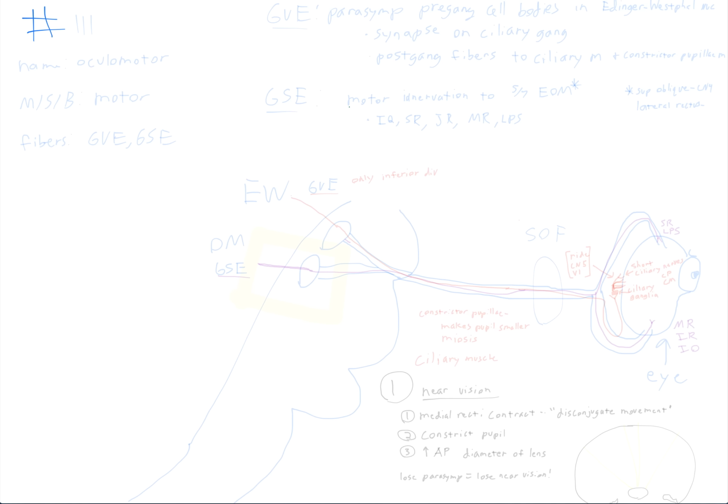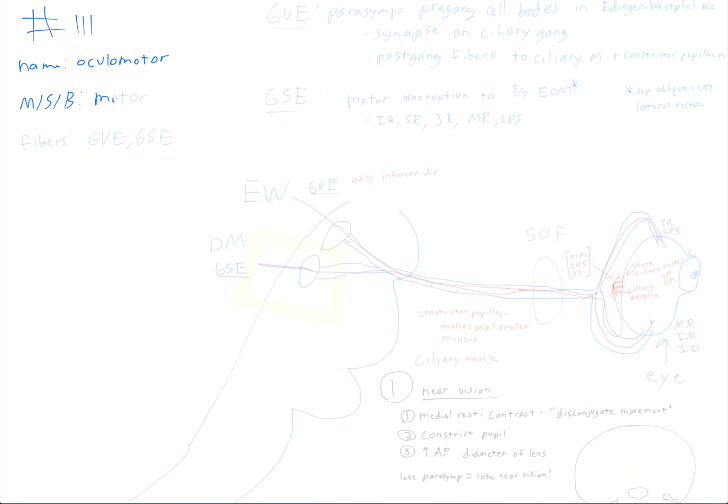Okay. They are going to synapse where? Perfect. Okay. They're going to go synapse on the ciliary ganglia. Then postganglionic fibers from there are going to their targets.